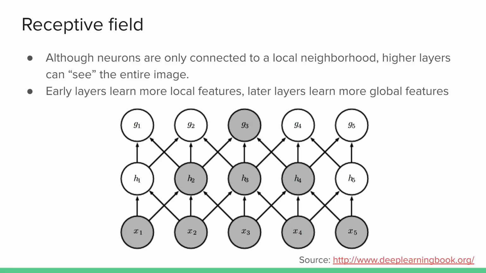Well, you have 3x3 in the first layer, but the second layer receives the inputs from the first 3x3 grid, so it will already be able to see a 9x9, or depending on your strides and padding, but basically you already see more neurons. In this small visualization, these neurons already see more, and the third layer, the G3 here, is already able to potentially look everywhere in the input image.